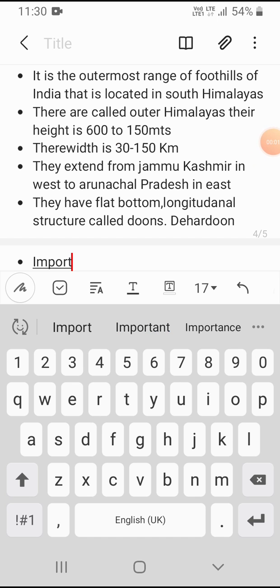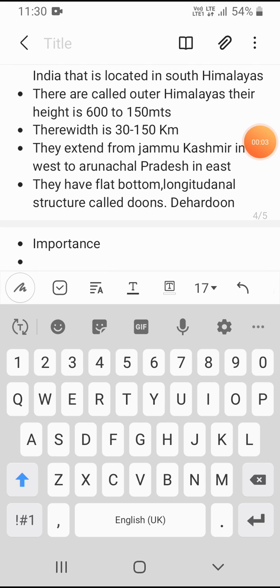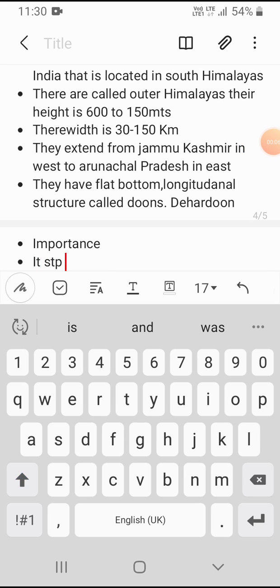Come to the importance. It stops the foreign invasion.